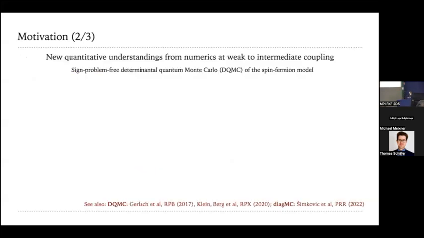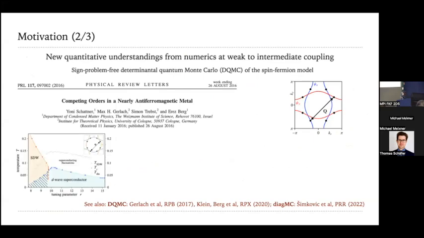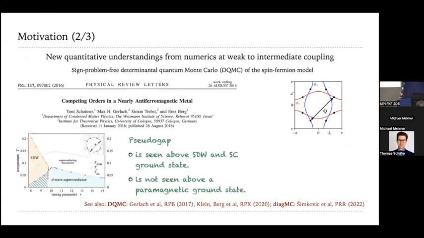And a second motivation for our study is some previous Monte Carlo study of the spin fermion model, like say studied by Ehrenfest, and they found that interestingly in this spin fermion model, they can show both the spin density wave and the d-wave superconductivity.